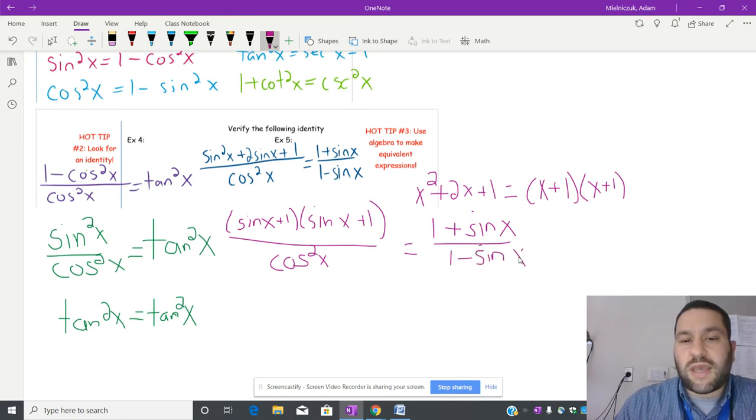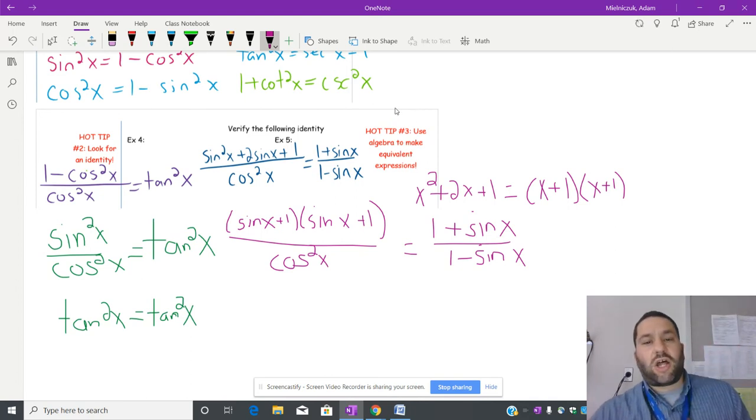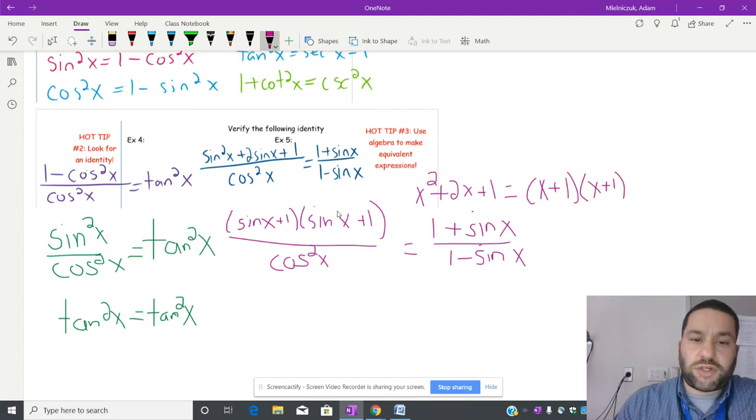Okay, so we're getting there. And that's where hot tip number 3 came in, which was to use algebra to make equivalent expressions.